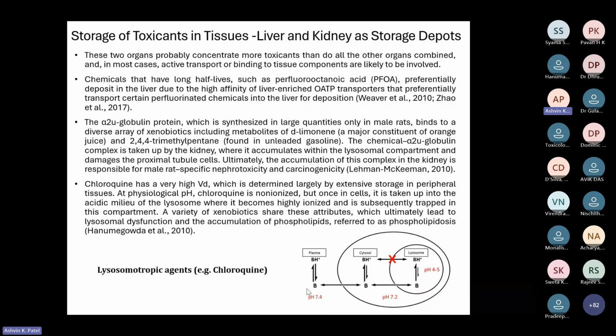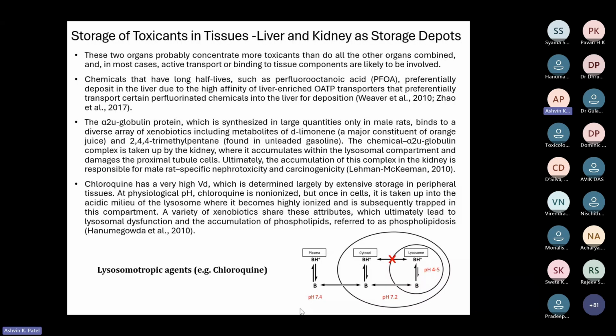Another example is alpha-2 mu globulin protein, which is more abundant in the male rat and binds a diverse array of xenobiotics, including metabolites of D-limonene, a major constituent of orange juice, and 2,4,4-trimethylpentane found in unleaded gasoline. The chemical-alpha-2-mu-globulin complex is taken up by the kidney, where it accumulates within the lysosomal compartment, damages the proximal tubule, and causes nephrotoxicity.